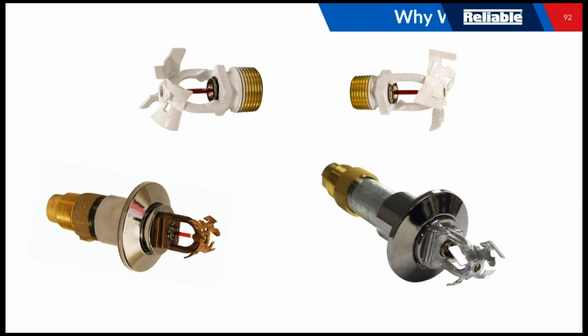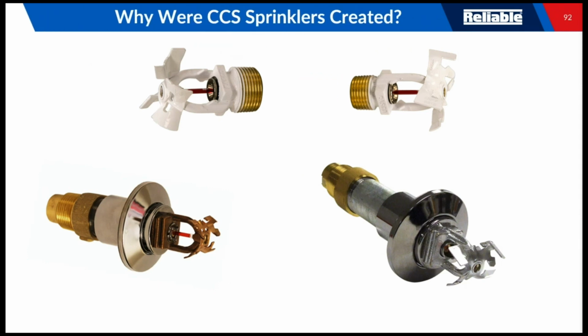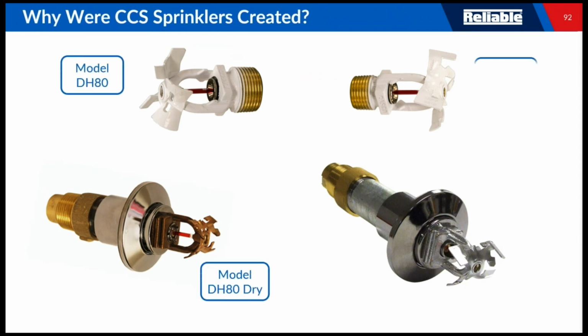Why would these sprinklers even get created? Well, Reliable, over 20 years ago, introduced sidewall versions of these products, both wet and dry. And we have had tremendous customer reception for these types of products, and just thought it was logical to bring them over to a pendant form factor.